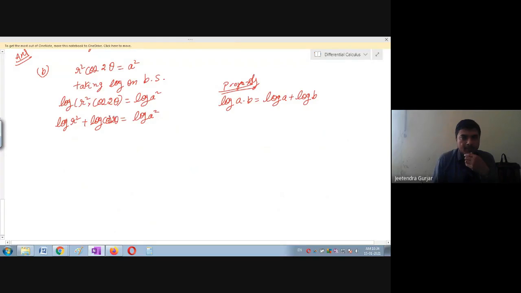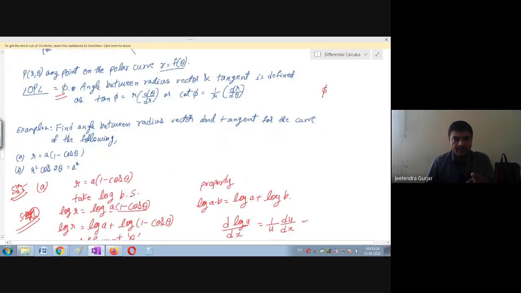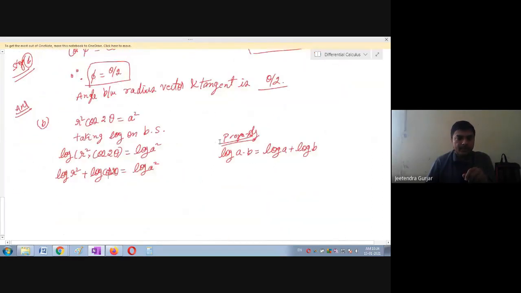Can you tell me why I'm taking log? Anybody can answer why I'm taking log here? Only log can help you to get this value, that is 1 upon r dr upon d theta. So this is one of the tools to simplify. Now again we're going to use another property, that is log of a raised to p.